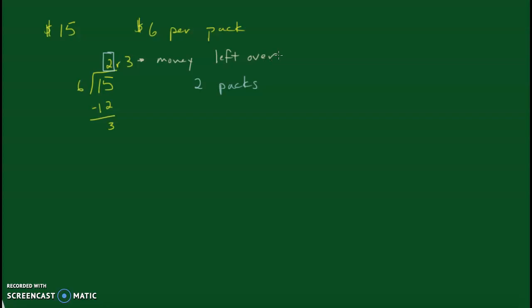So if he has $3 left over, does he have enough to buy another pack of cards? Well, if there's $6 and he only has $3, he does not have enough money to buy another pack. So for the answer, we're going to ignore the remainder. And the answer to the question, how many packs can Dean buy? He can buy 2 packs.